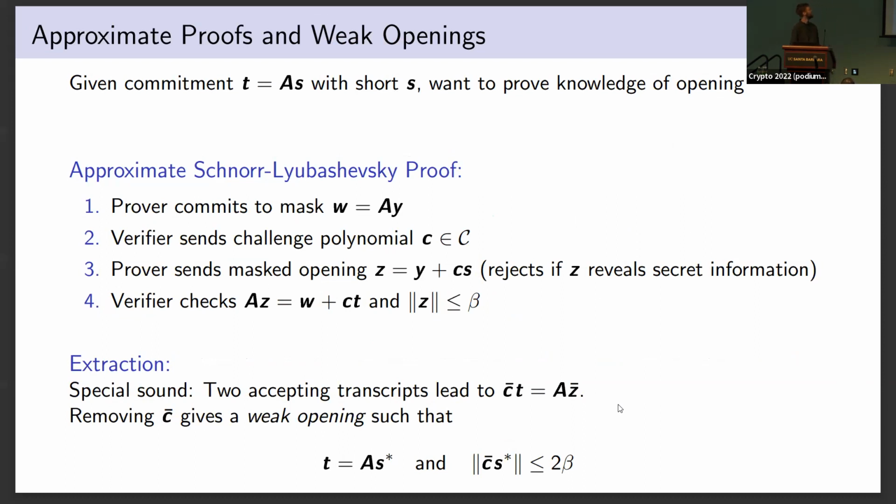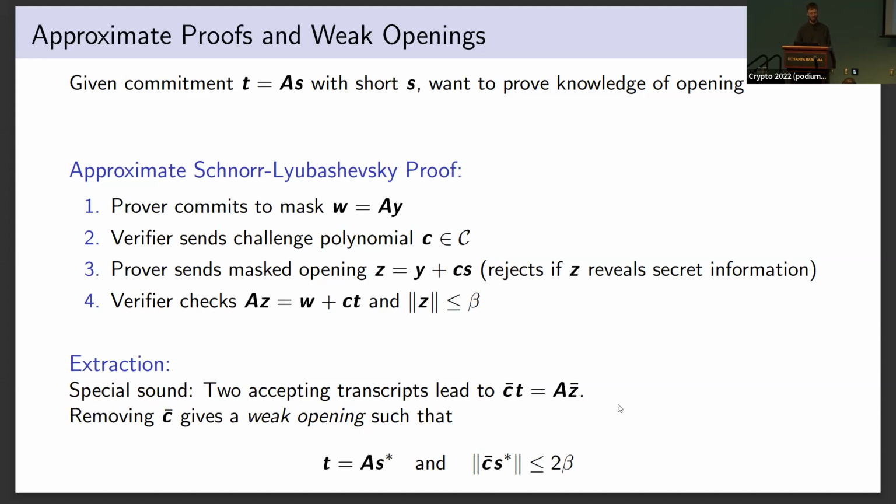If one has a lattice-based commitment, which is nothing else than just a linear function, A times S, where S is some vector that has short norm, then an approximate proof is essentially some variant of this Schnorr-Lyubashevsky sigma protocol, where the prover samples some masking vector y, commits to it by sending Ay, and then gets a challenge from the verifier that is a very small polynomial. So all the coefficients are, for example, -1, 0, and 1. And then the prover replies with what we call a masked opening.